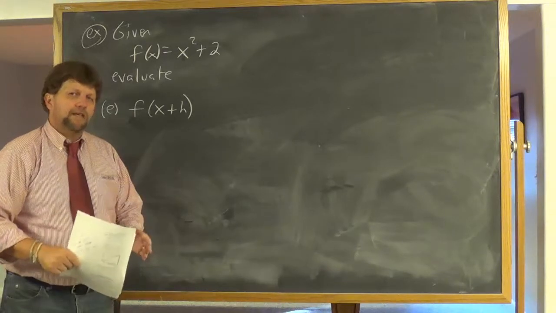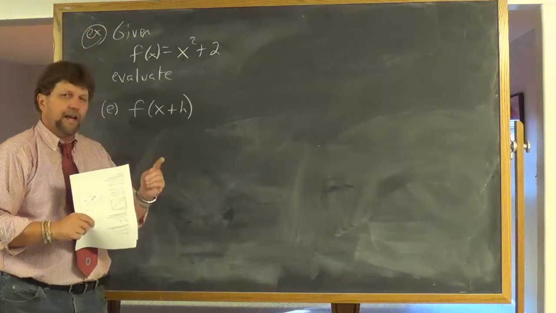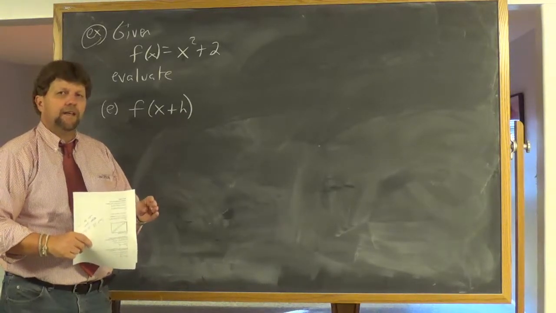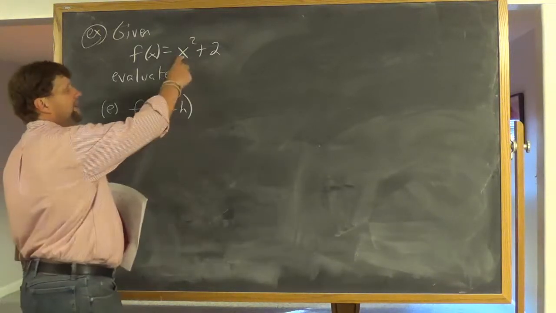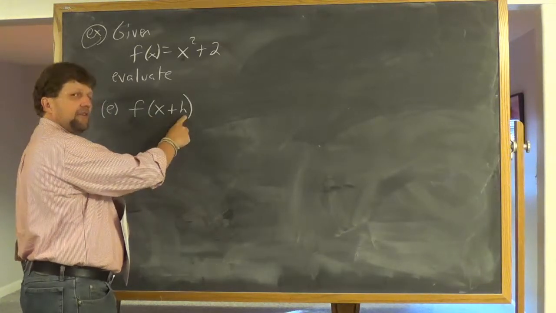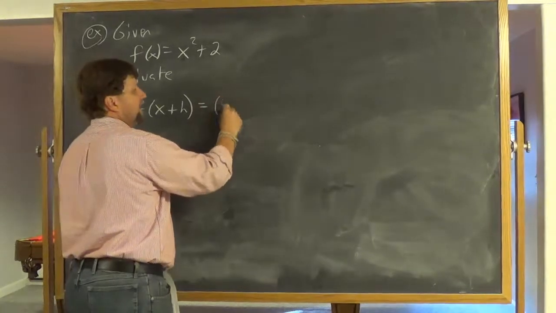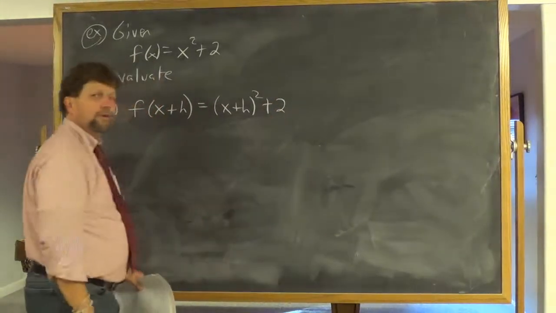It's all about the process. This is the exact same process that we did in part A, part B, part C, and part D. So wherever we see an x, we're going to replace it with x plus h. So f of x plus h is x plus h squared plus 2.